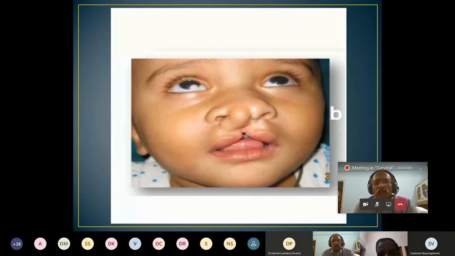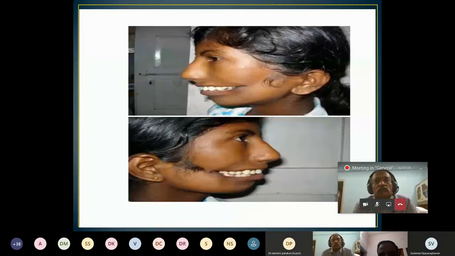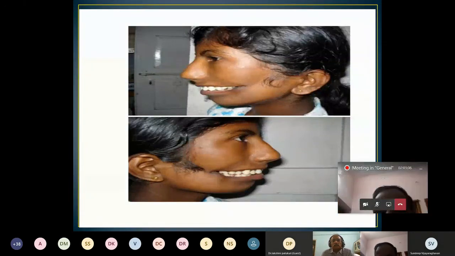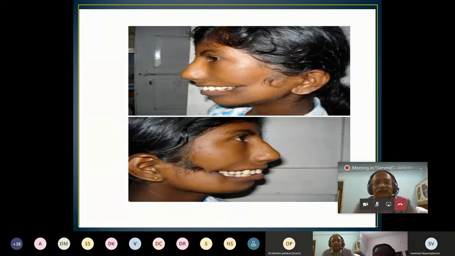Okay, what is the next patient? This is a case of number 7 cleft or transverse cleft, sir. What is the Bangalore classification? Bangalore classification, number 8 cleft.